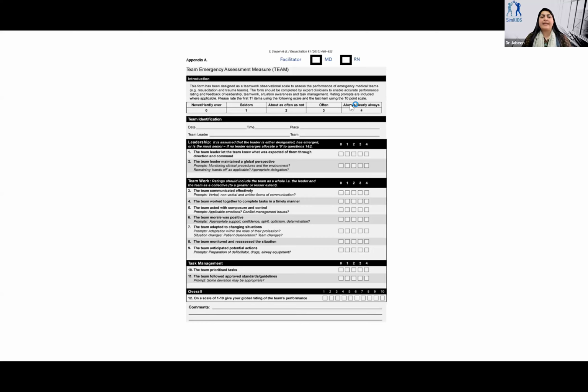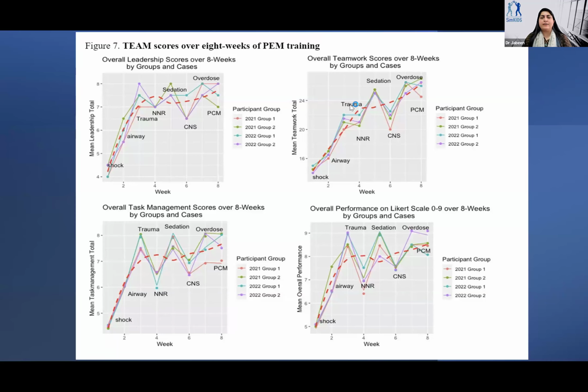And I know it's a complicated graph, but do not get caught up in the different colors. Just focus on this red dotted line, and you can see in the leadership domain over the 7-week curriculum, their leadership qualities, their teamwork, their task management, and overall performance get a lot better from the baseline.